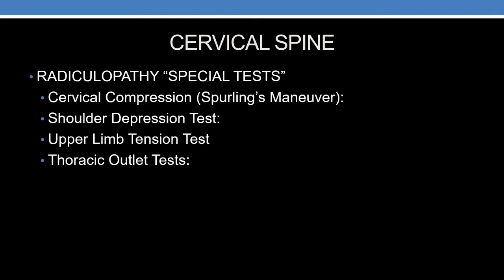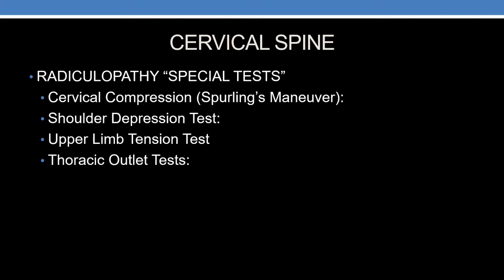What about radiculopathy? Well, in our physical examination for radiculopathy, we're going to focus, as we said before, on our reflex findings. And with radiculopathy, our deep tendon reflexes are going to be diminished or absent.